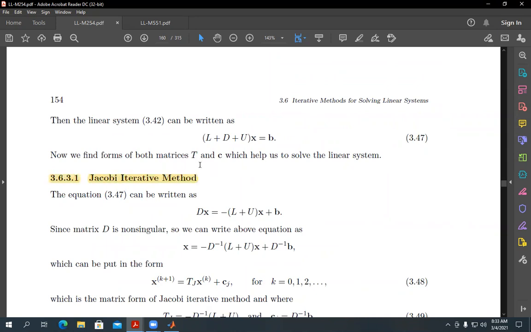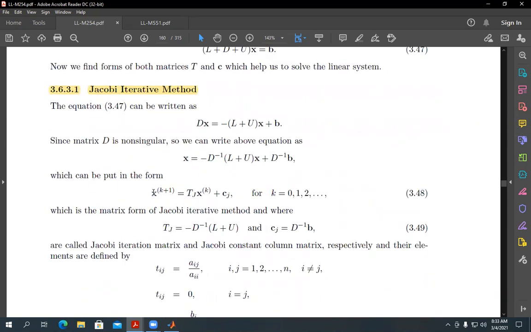Please, this is called the Jacobi iterative formula in matrix form. That is a very important formula, please remember it. You need to find Tj and Cj. Tj means the iteration matrix for Jacobi, and this is a constant we have here. That formula is also important: how to find Tj.